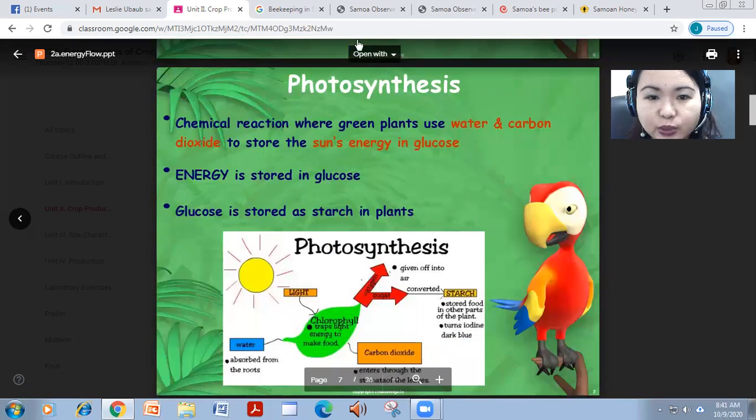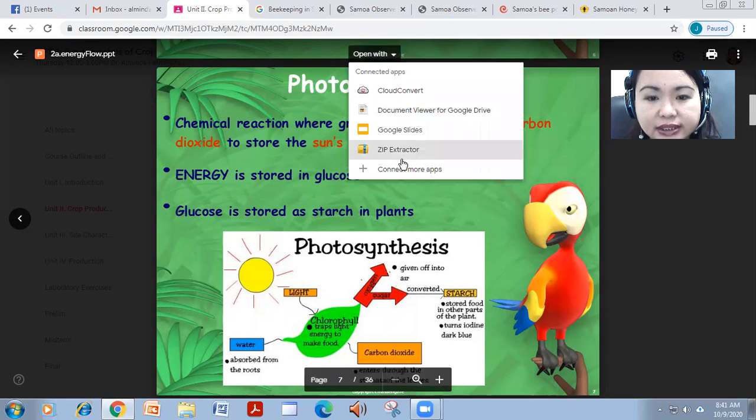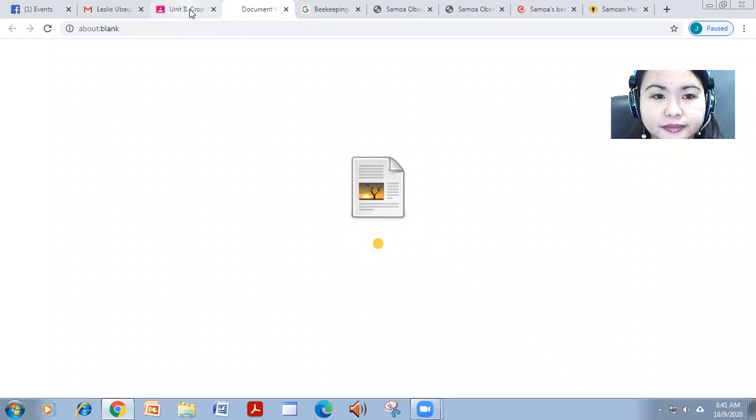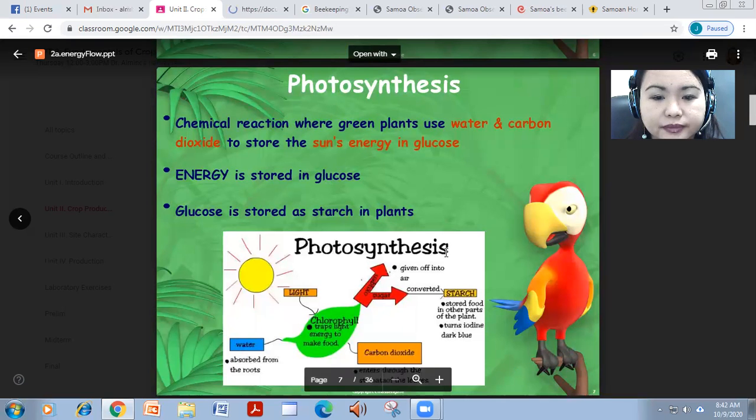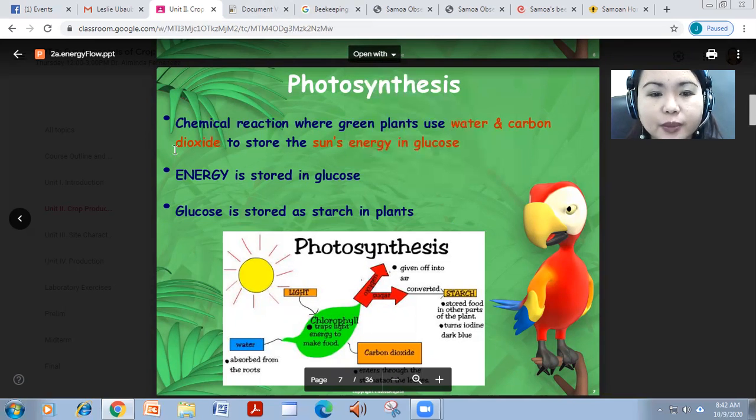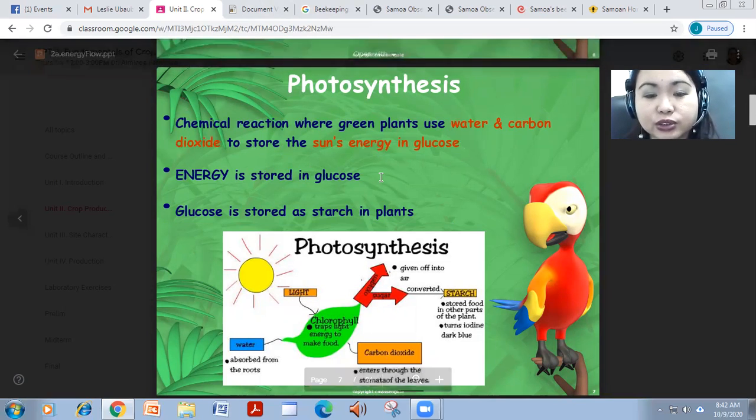So to continue with photosynthesis, what is photosynthesis? Photosynthesis is actually a chemical reaction where green plants use water and carbon dioxide to store the sun's energy in glucose.